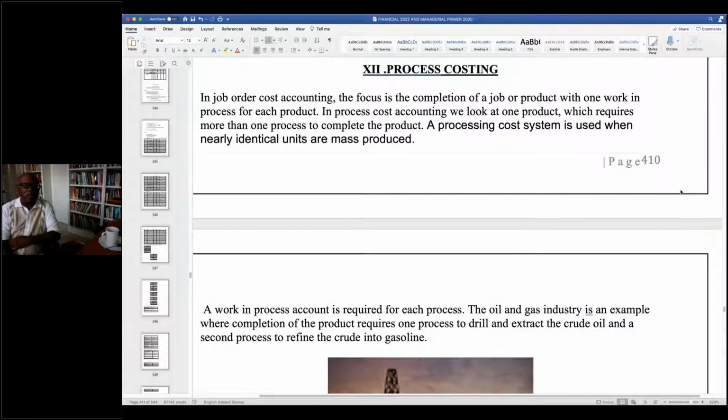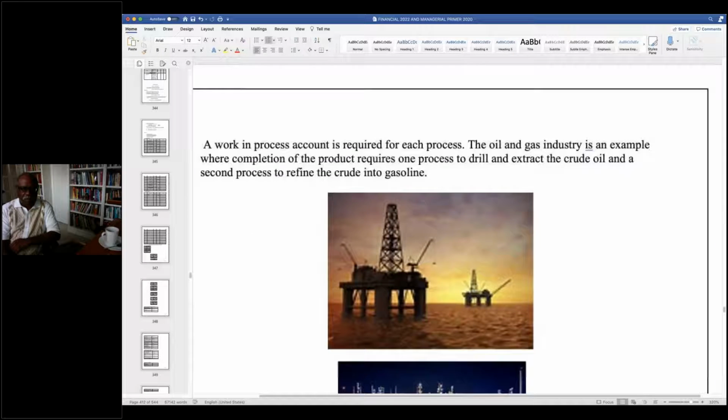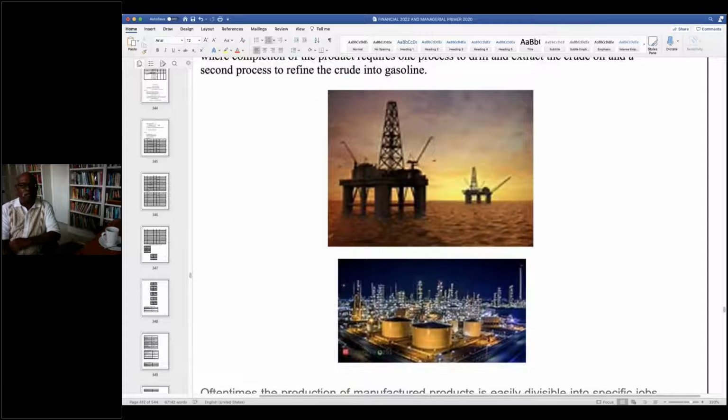Okay, so we're now in the process costing where there are two cost sites. We only have one product, such as gasoline, where the crude is explored and secured in the Gulf, and there's a set of costs in the Gulf.